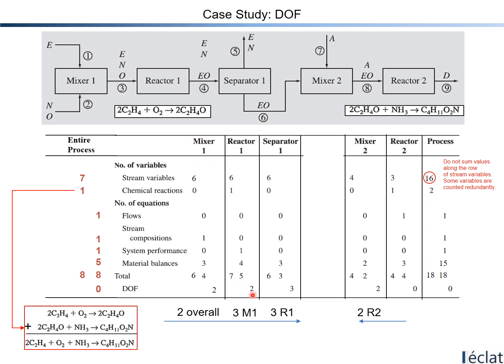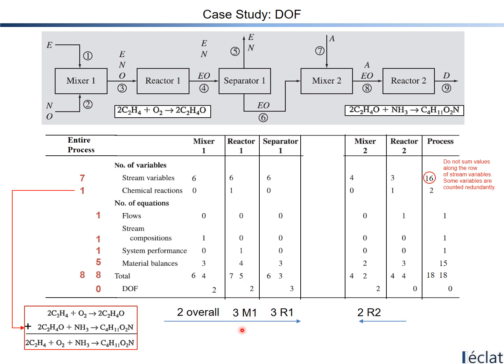Then the degree of freedom of reactor 1 was 2. However, we have just calculated the variables about mixer 1, so those three values are known right now. So three more restrictions are there, and we could satisfy the degree of freedom of 2.